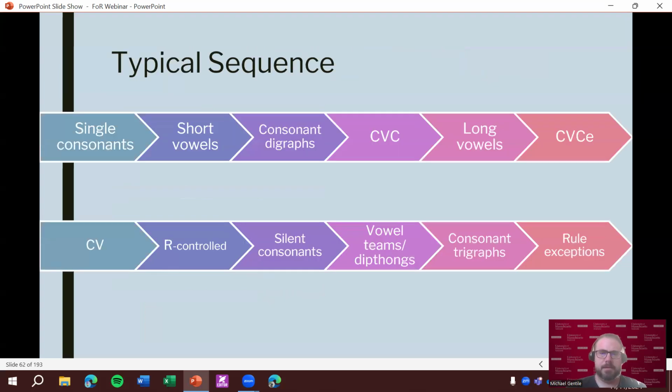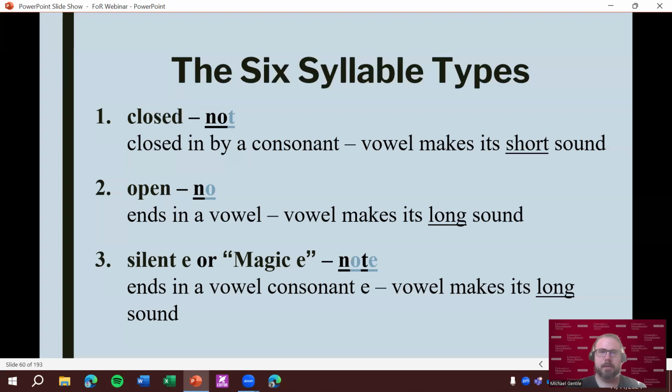So these six I showed you are taught in order of frequency in the English language, and therefore really the order that we teach them in systematic phonics programs.